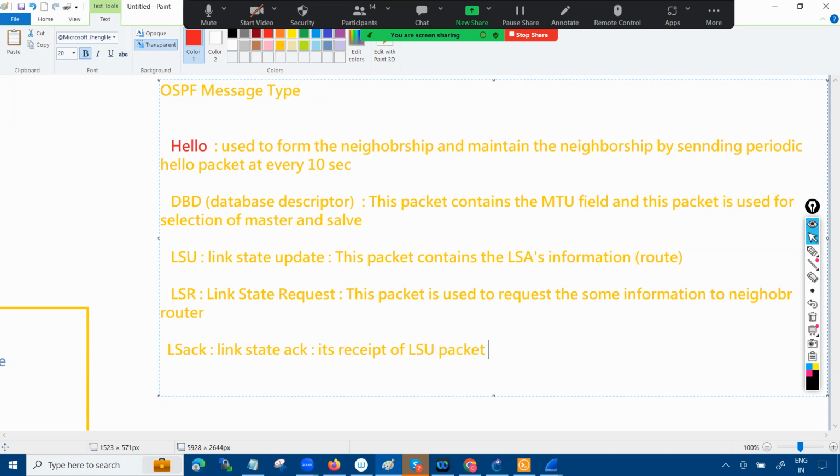Like the acknowledgement packet we have in EIGRP. So whenever there is an update, or whenever they need a reliable packet, router 1 is going to send to router number 2, and in EIGRP router number 2 will send the acknowledgement packet. Same like that one.